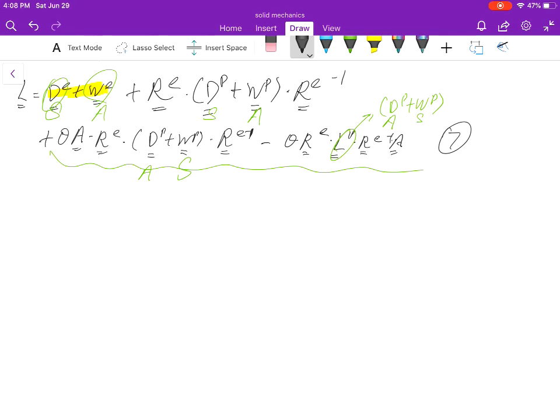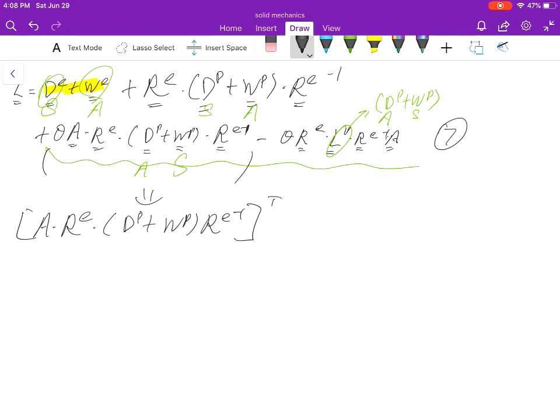It's tedious to see, but it's because of A, RE DP plus WP RE inverse. This is this part. So if I do a transpose of this, what I get is that.